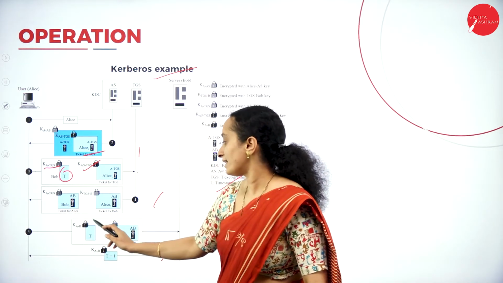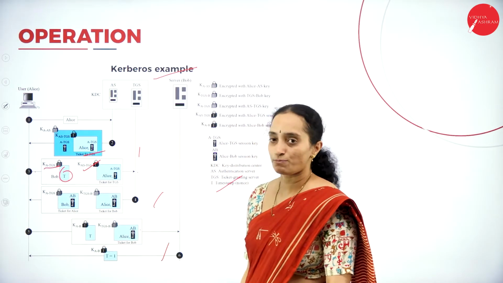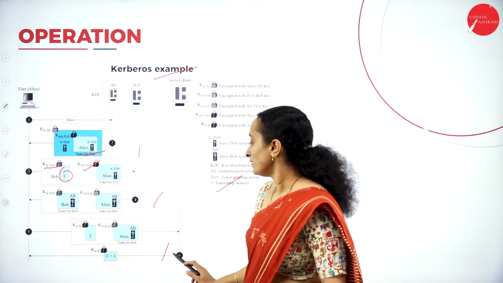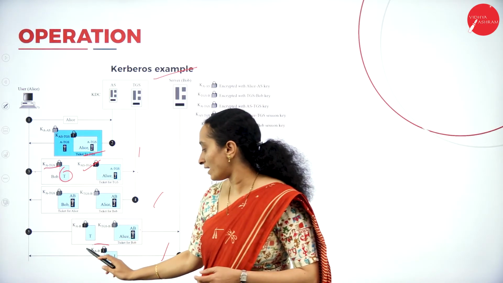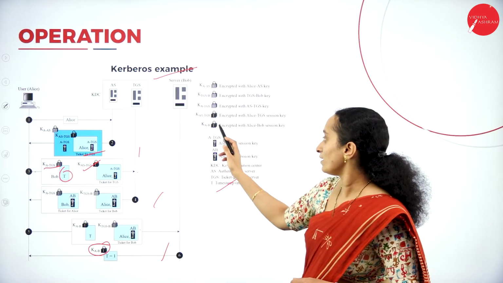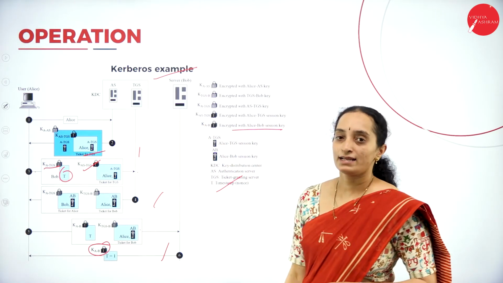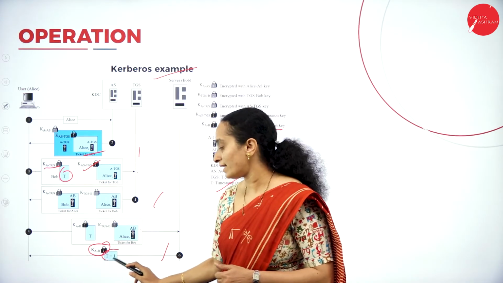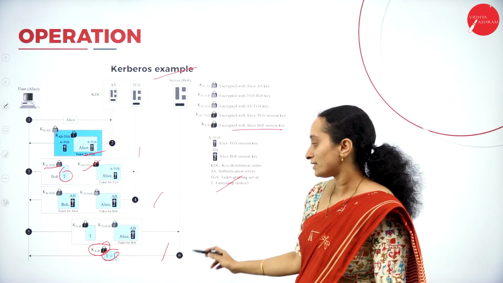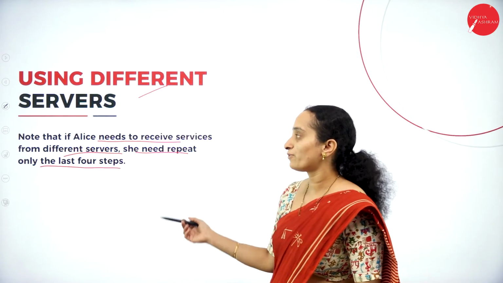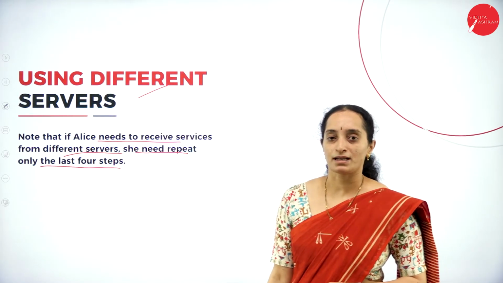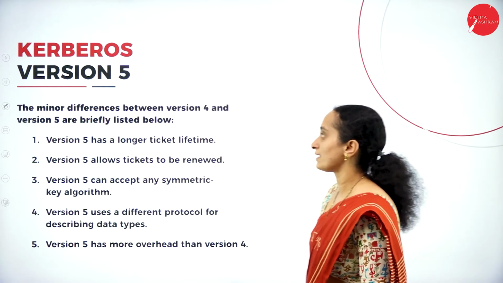Alice sends this ticket to Bob, and Bob accepts and sends the message along with the secret key, T of A minus B, the encrypted session key. Along with that, the message will be responded to by the server. The last 4 steps can be repeated for any kind of server.